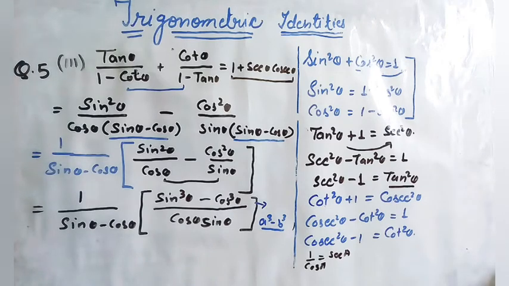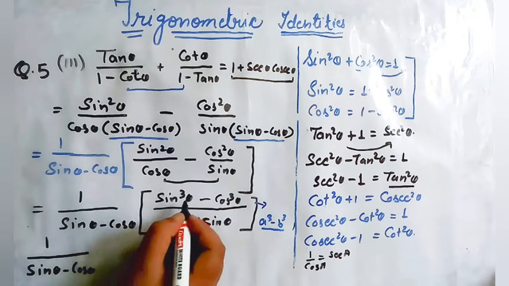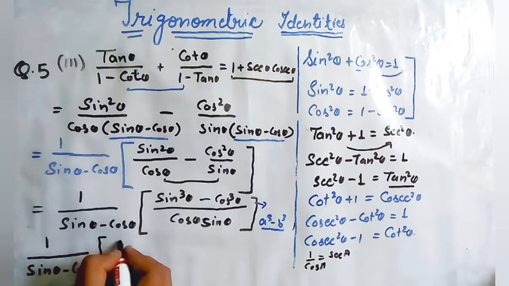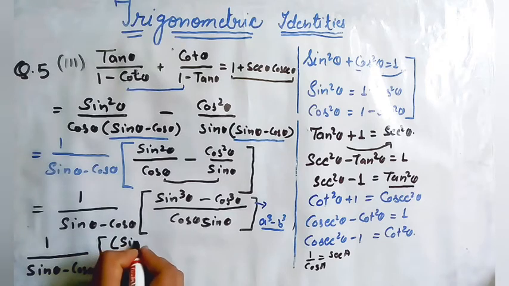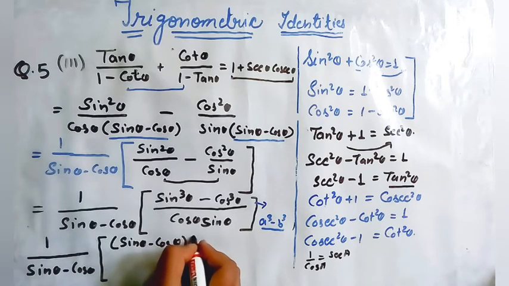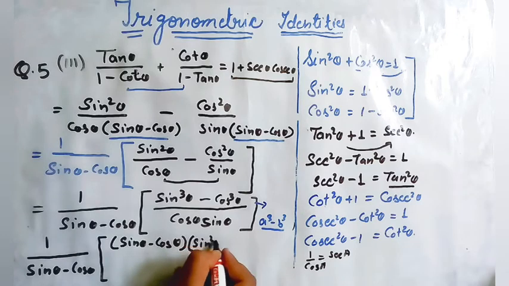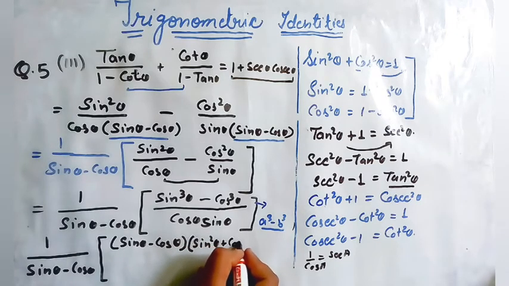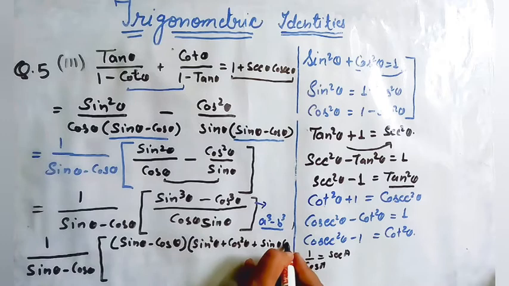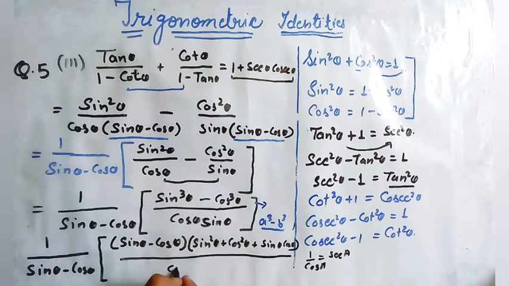Outside the bracket as it is 1 upon sin theta minus cos theta, and inside the brackets a cube minus b cube will be a minus b, that is sin theta minus cos theta, whole multiplied by a square, that is sin square theta, plus b square, that is cos square theta, plus ab, that is sin theta into cos theta, whole divided by cos theta into sin theta.